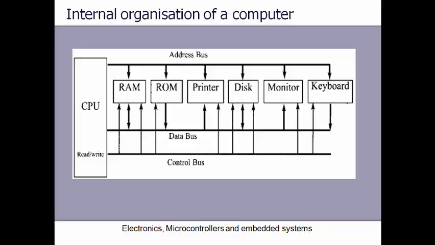The control bus allows the CPU to enable the device that will receive the information, to save it in that peripheral or to show it. And this is in general what is happening inside the computer.